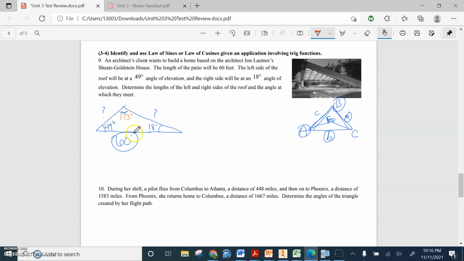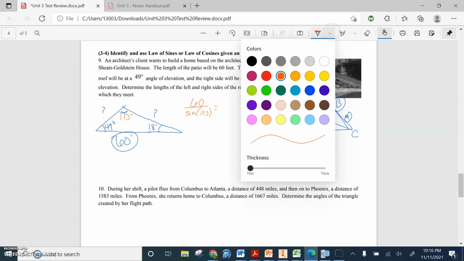What that allows me to do is set up that ratio that I was talking about, side 60 over sine of 113. Now, that can be set equal to either side B or C, and we don't really have these labeled, I guess. So let's do that.